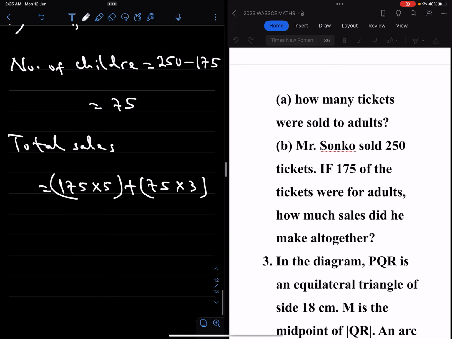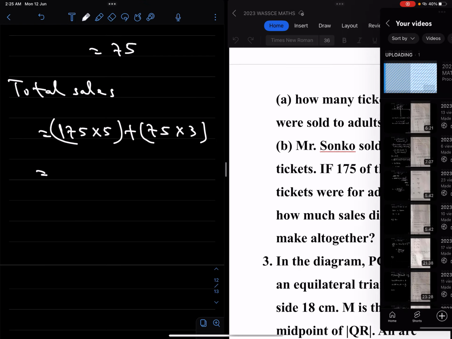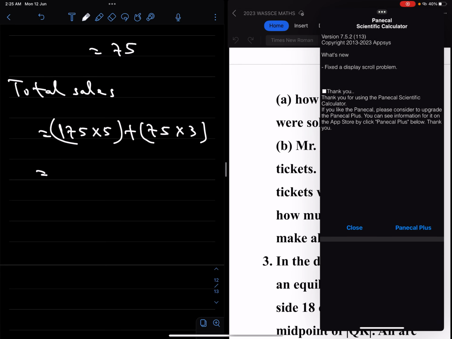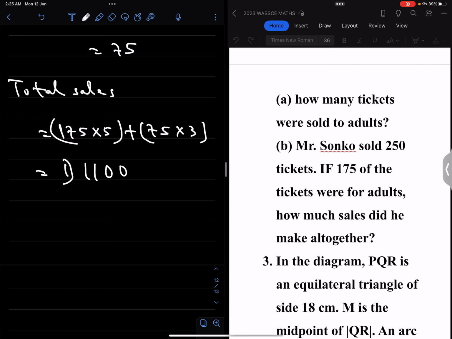Don't forget that one ticket for adults is 5D and one ticket for a child is 3D. Let's do that quickly. 175 times 5 plus 75 times 3, and that's 1100D. So that's the total sales he made altogether.